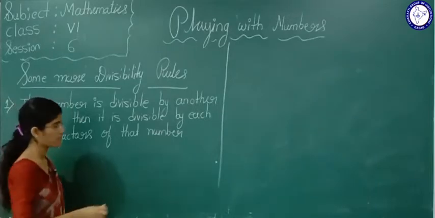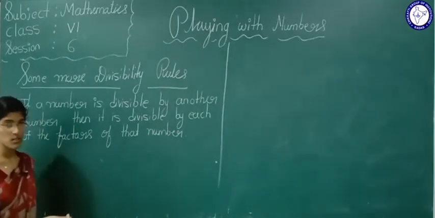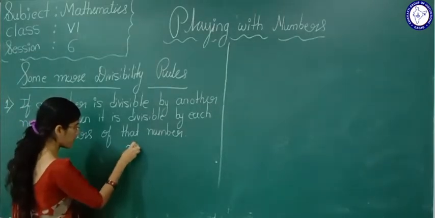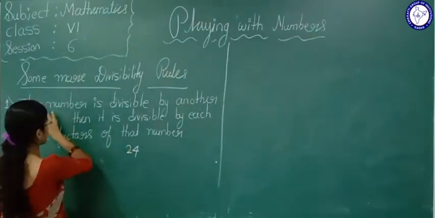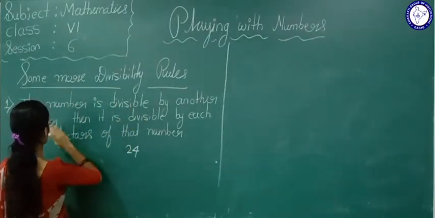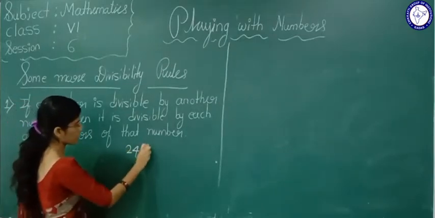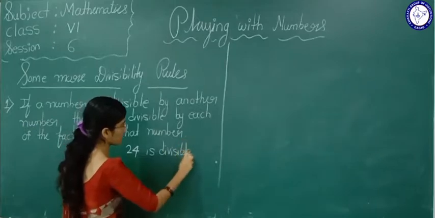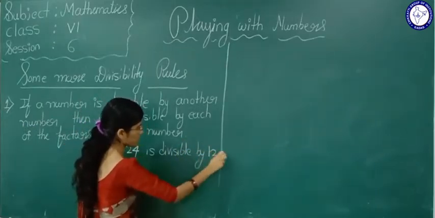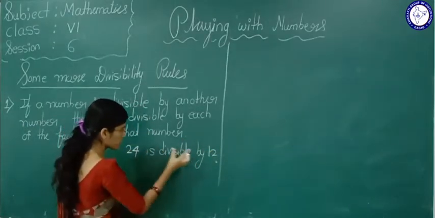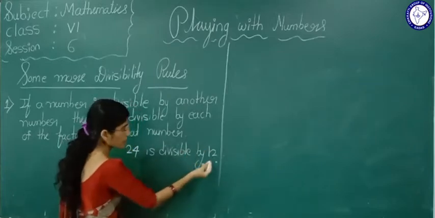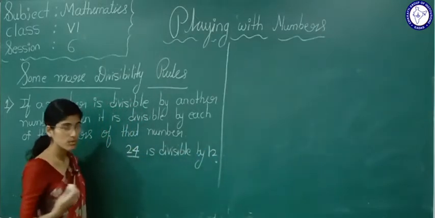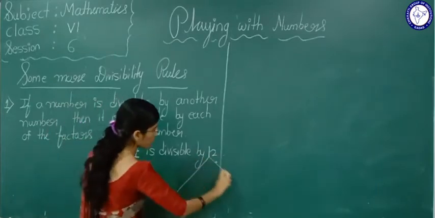I told you in the exercise, if 24 is divisible by 12, then the same number is also divisible by the factors of 12.